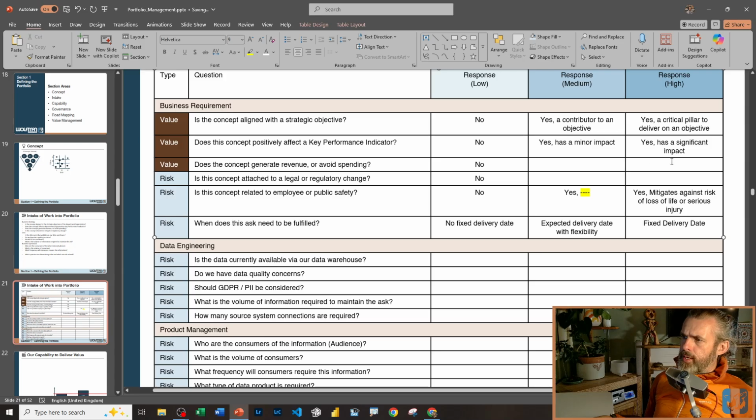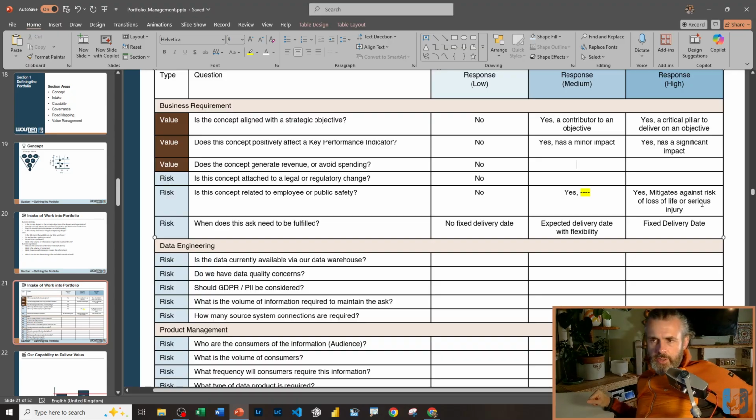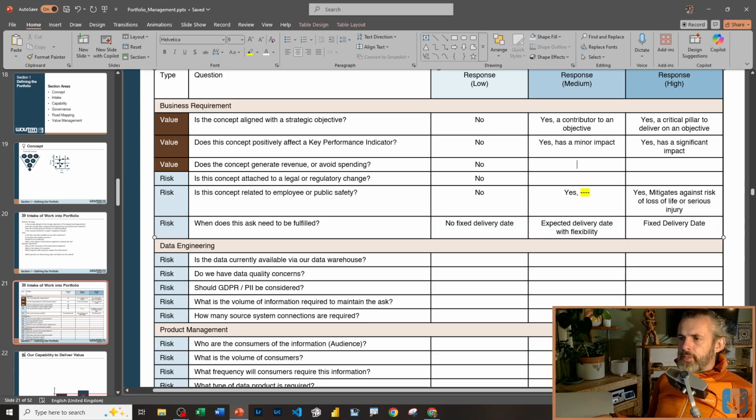So yes, if a high value response is that it has a significant impact, a medium response would be that yes, it does impact on a performance indicator, but it has a minor impact. And I guess we could define terms there, like what is minor and what is significant. You might need some kind of guidance that sits alongside this, because one person's minor could be the other person's significant. But again, let's not get too bogged down in defining our terms right this second.